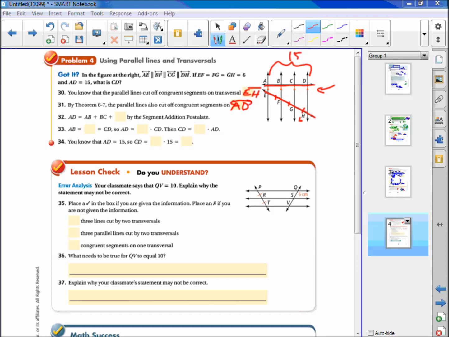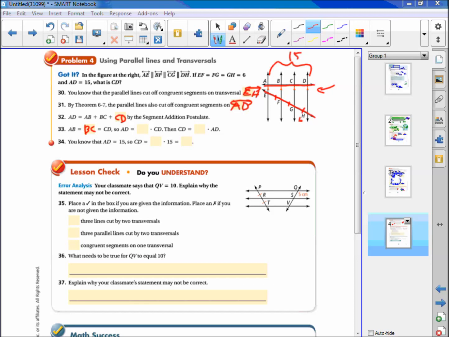AD, the big segment, is equal to all 3 little segments added together. So AB plus BC plus CD. And that's by the segment addition postulate. AB should be equal to BC, and that should also be equal to CD.